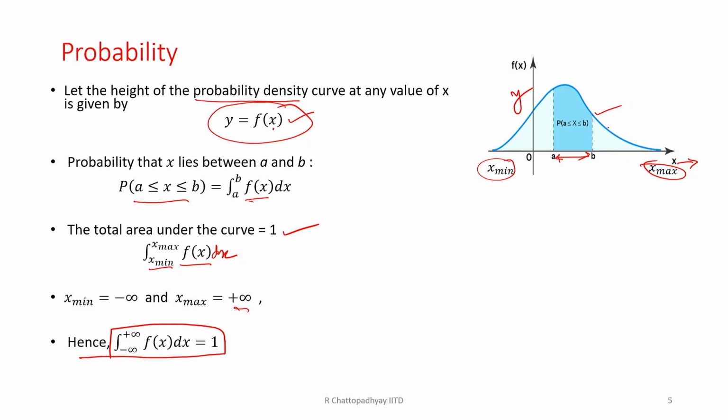So f(x) is representing the density function. That is the density at a given value of x. And density means the value of y at a given value of x.